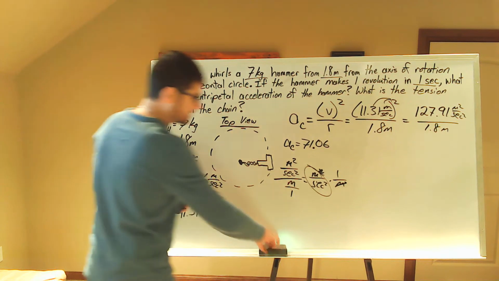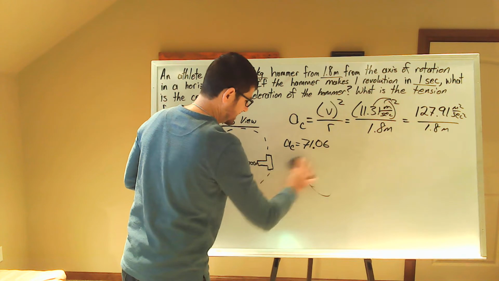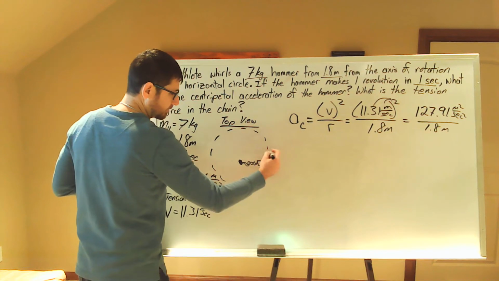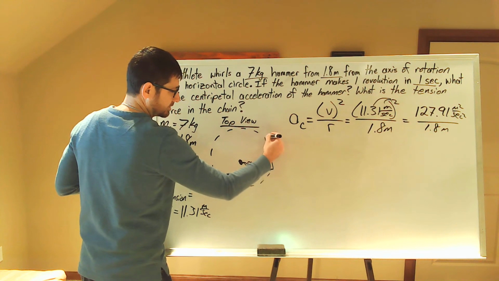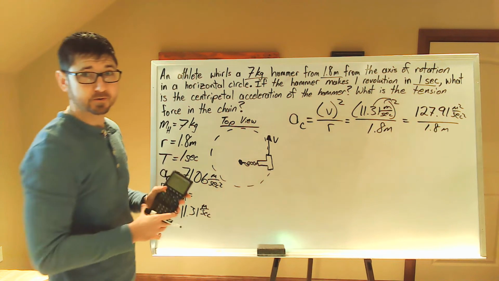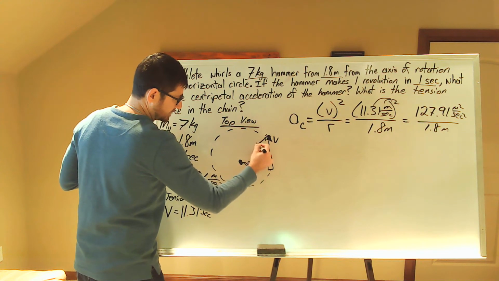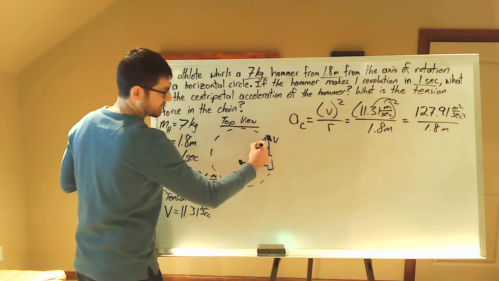Next, we need to calculate the tension force in the chain. We know our velocity vector points tangent to the circle, and our net force vector points towards the center of the circle.